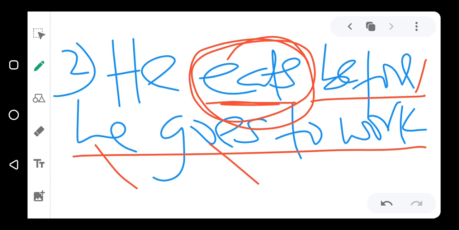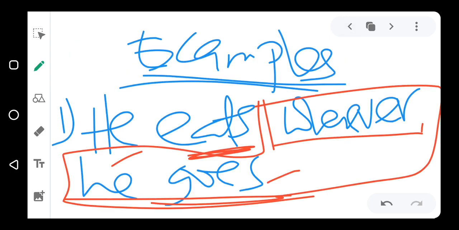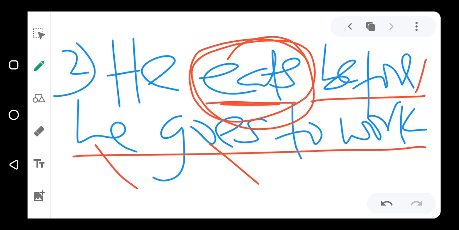That means that it is an adverbial clause of time. In the previous example, if you come to the verb and ask ourselves, he eats where? Wherever he goes. Because it answers the question where, it is an adverbial clause of place. But this one that answers the question when is called an adverbial clause of time.